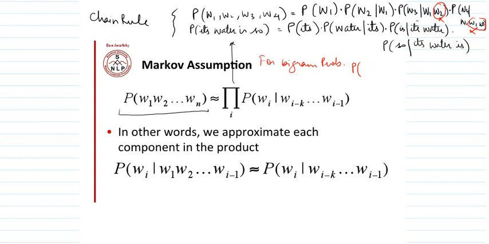So actually this one will be eliminated because is followed by water. Water is, we see here water is, so here also this will be eliminated. So it will be now P of its, dot P of water given its, dot P of is given water, dot P of so given is. So this is its, then water followed by its, then is followed by water, and so followed by is. So these are the bigram probabilities.